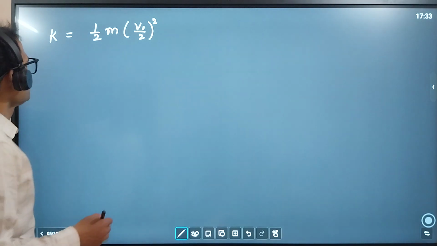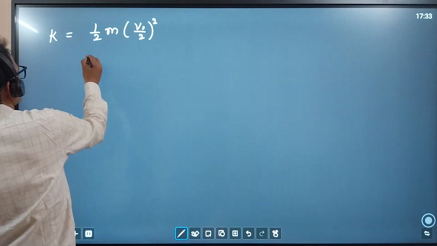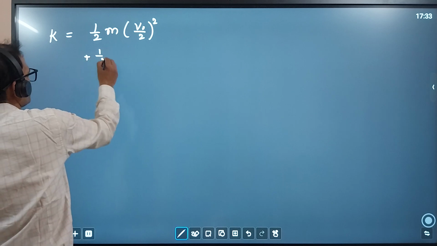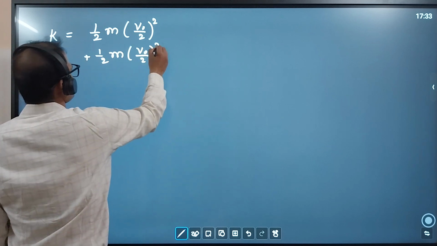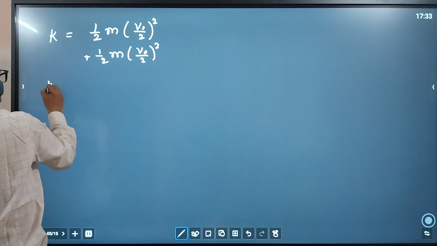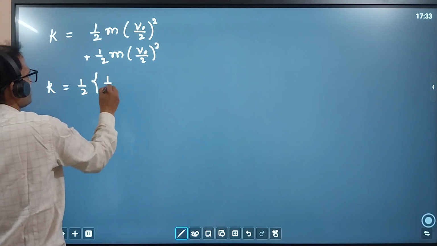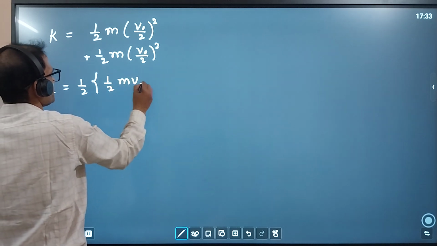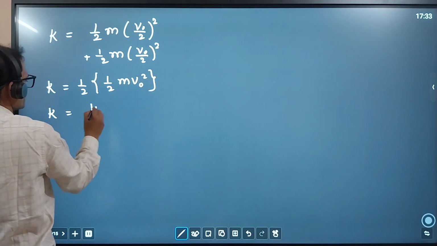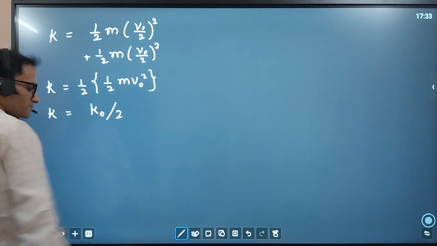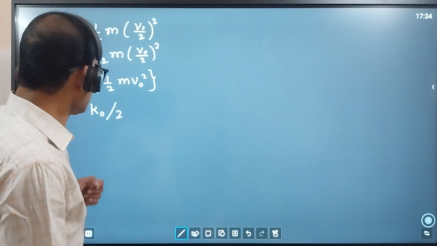But we don't have just the electron, we have a positron also of the same kinetic energy. If you calculate it, k will be half m v naught the whole square. So k I am getting is k naught by 2.